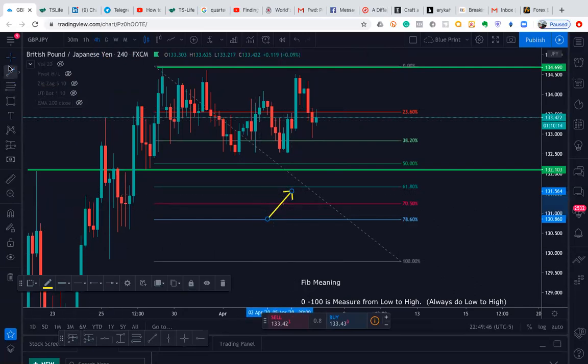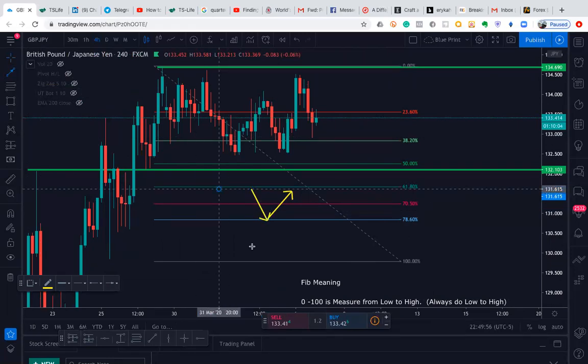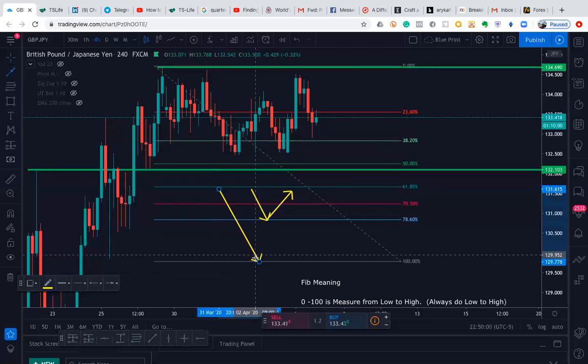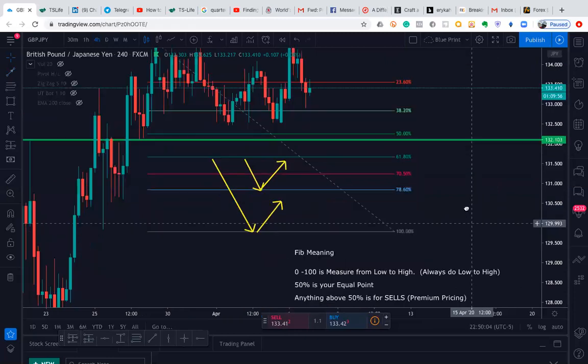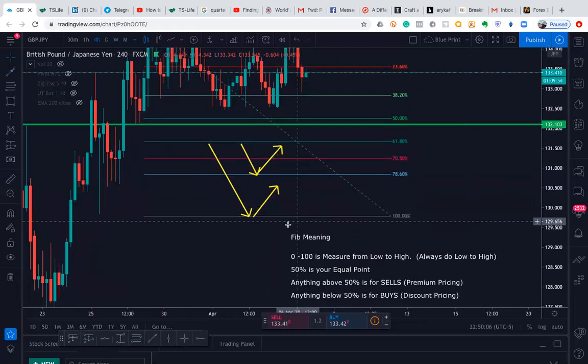If it comes and it does like this, boom, and it sits there, you're looking for a buy. If price comes and it breaks down to here and then it retraces up, you look for a buy. If price breaks below this, then you know that it's going all the way down.